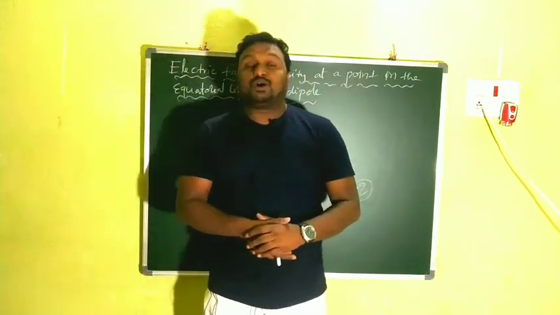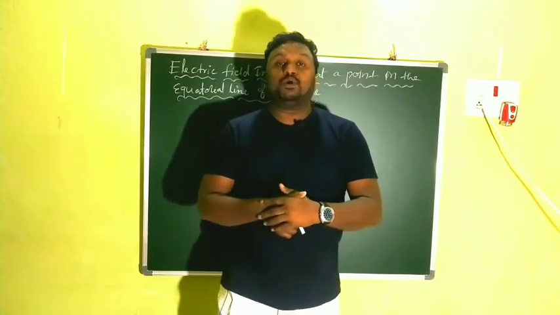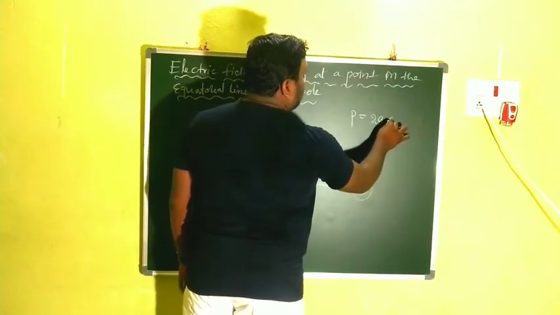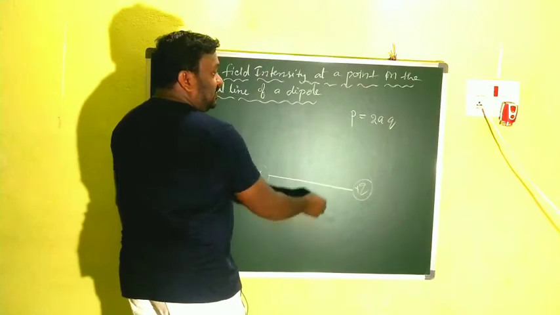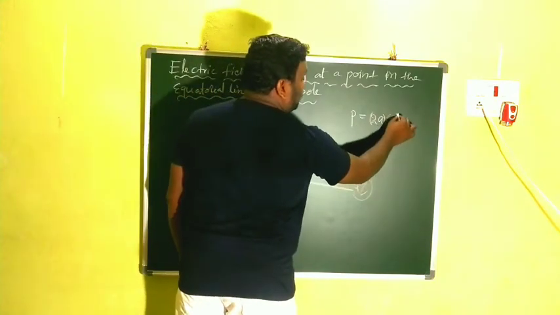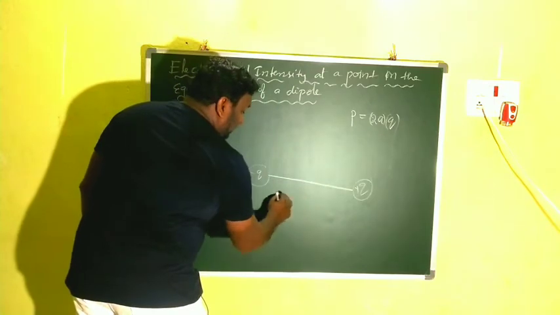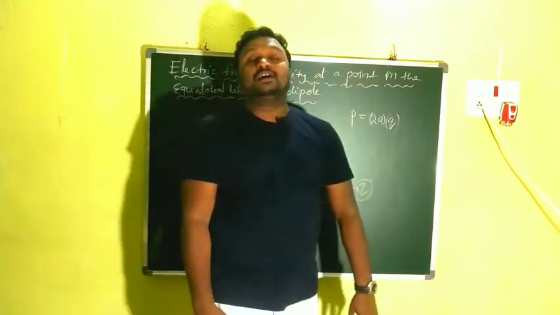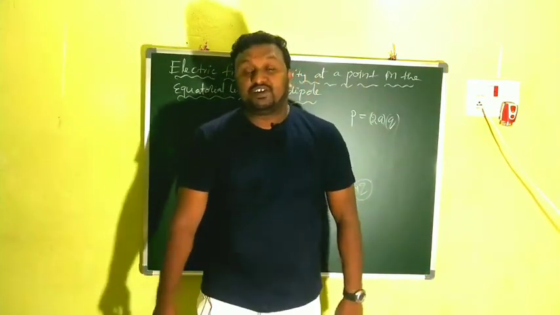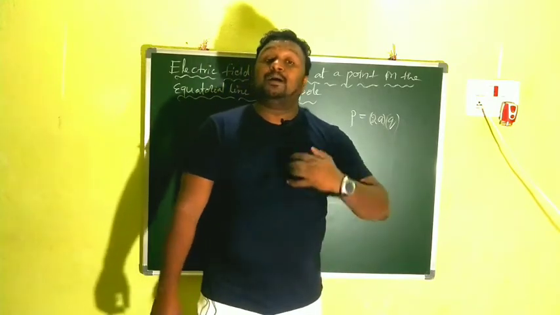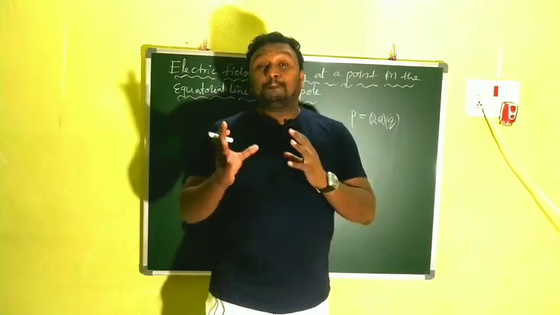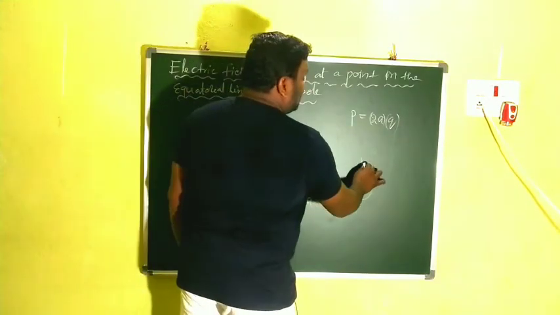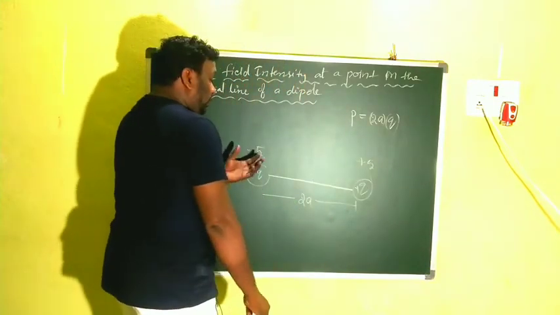Clear? Now the next thing is dipole moment. What is dipole moment? I clearly explained the dipole moment and its dimensional formula in the previous video, so go and watch it once. Here p is equal to 2a into q. Here 2a is the length of the dipole, or the distance between the two charges, and q is the magnitude of charge. For example, here I am writing minus 5 and plus 5.